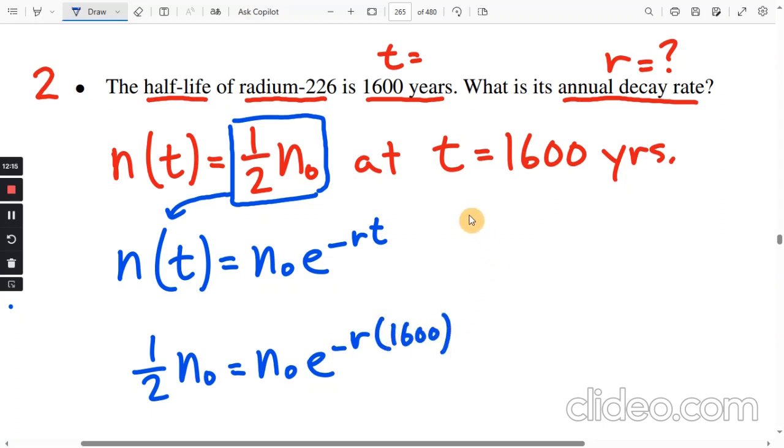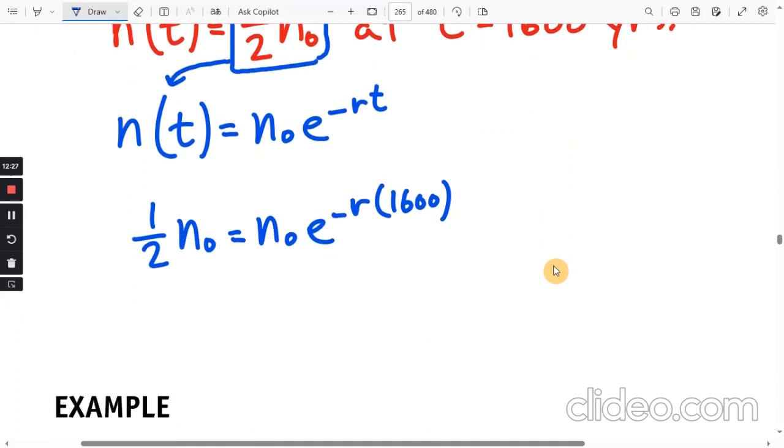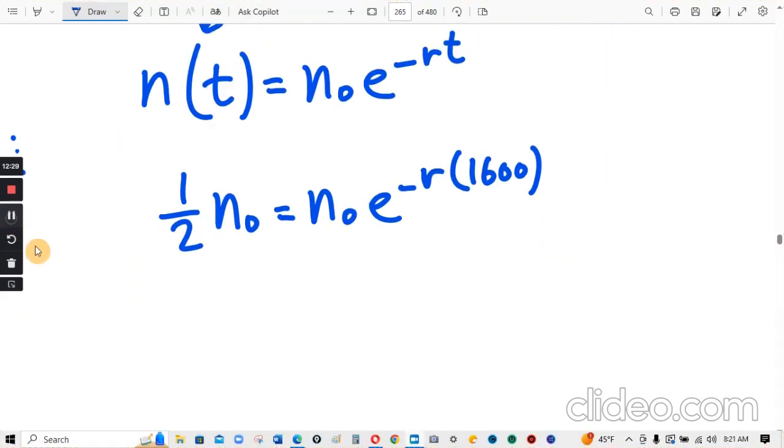All right. If the time t is in years, it will give you the decay rate per year, or the annual decay rate. That's what annual means, per year. So let's see. We have n sub 0 on both sides. As always, the exponent is with your e, but it's not with the n sub 0, so we want to get rid of that.